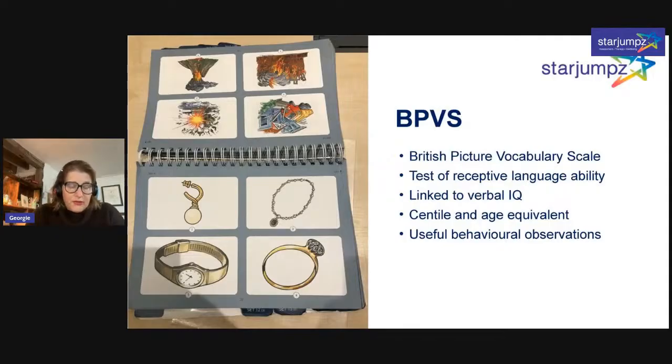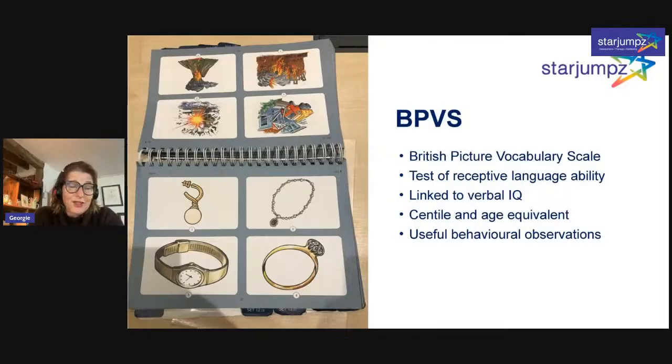It's very interesting to see the different ways in which children may approach this task. So the task is that either myself or the speech and language therapist working with me will say a word, and the child has 4 pictures and they have to choose the word that best matches, and there's a correct answer. Some children point, and they point in exactly the same way, or they may have a very fancy way of pointing and they do that throughout.